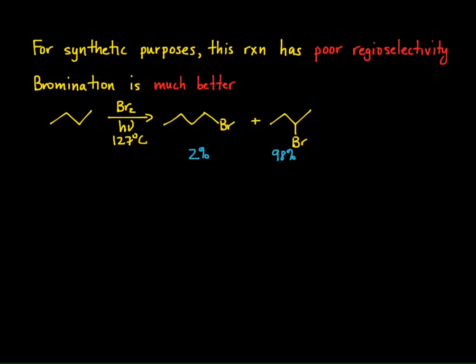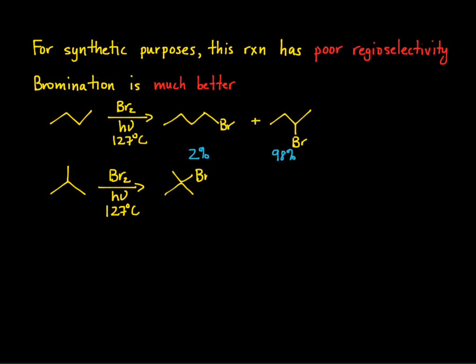But when I get this reaction to take place, notice I get very little of that primary alkyl bromide produced, and I get a lot of secondary bromide. So this would be, for synthetic purposes, a very good way of producing 2-bromobutane. 98% yield's pretty good, and that 2%, I could probably get rid of in terms of working it up and purifying it.